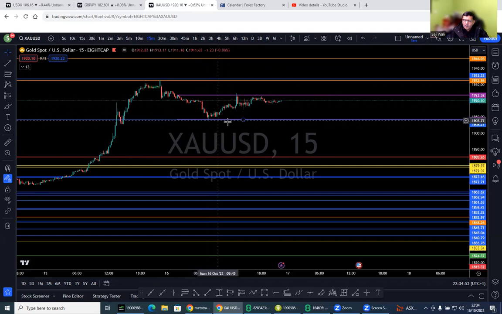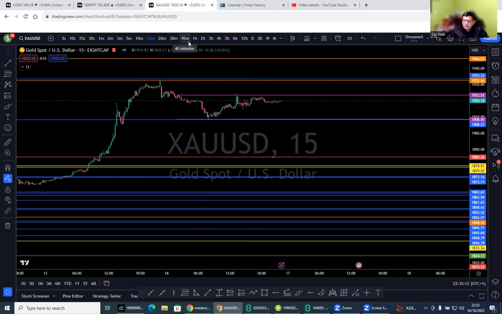Now this is the Asian low, and we've seen a good move from here, and then we were selling on the news. There was a sell trade. At least you could have taken some. Plus it was the Asian high as well, so you could have taken some pips from here.